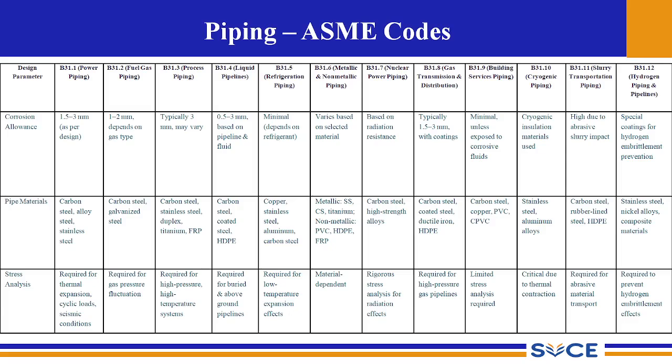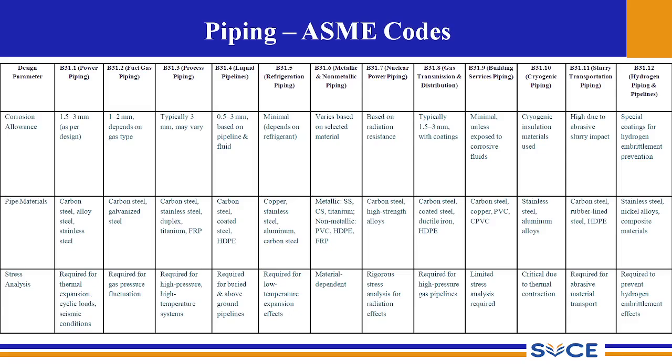Next is about the corrosion allowance, pipe materials, and the stress analysis that needs to be performed. So for B31.1, the corrosion allowance is 1.5 to 3 millimeter. Then the pipe materials normally applied are carbon steel, alloy steel and stainless steel.